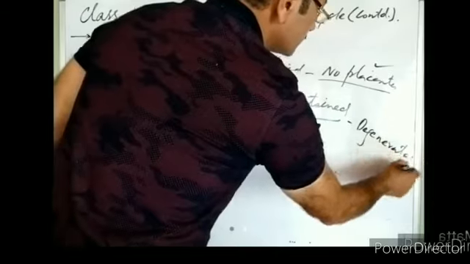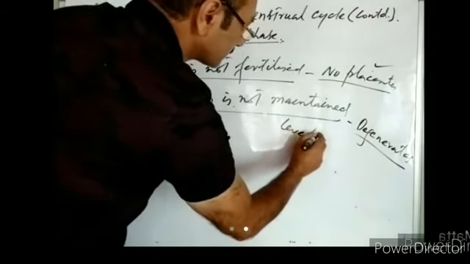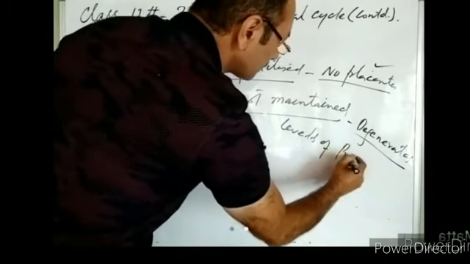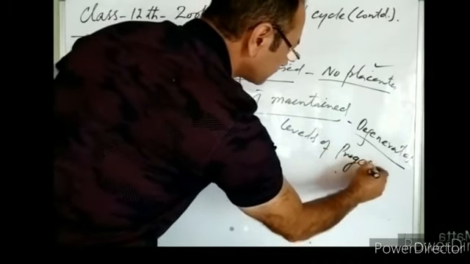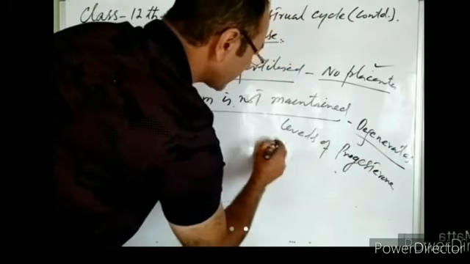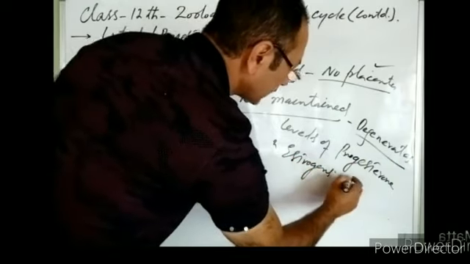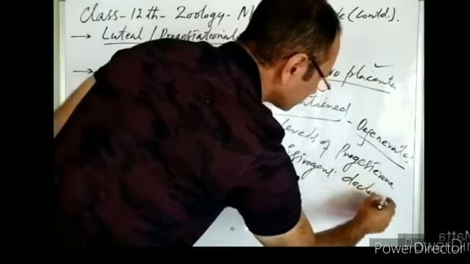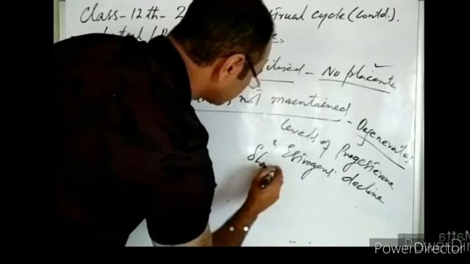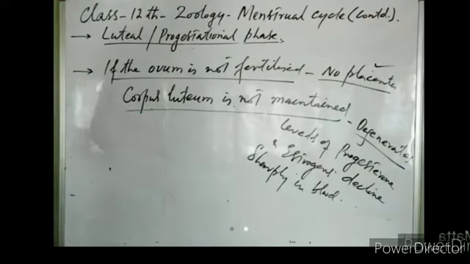So when corpus luteum degenerates, levels of progesterone and estrogens decline sharply in blood. So levels of progesterone and estrogens fall in blood, right?